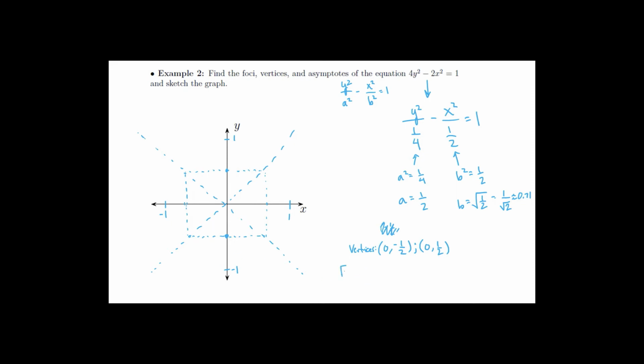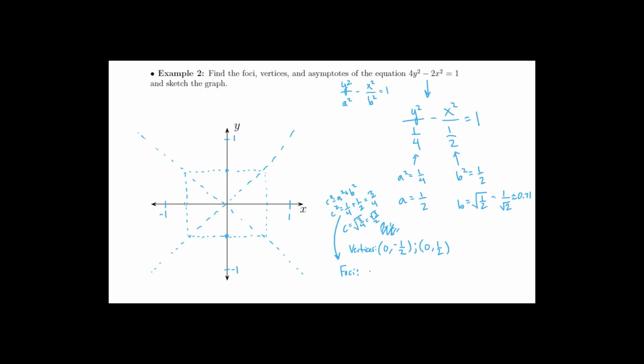Our foci, well, to find those, right, we'll again use c squared is equal to a squared plus b squared. So c squared is equal to 1/4 plus 1/2, which of course this is 2/4, so this would be 3/4. So that means c is equal to the square root of 3/4, which simplifies to square root of 3/2.